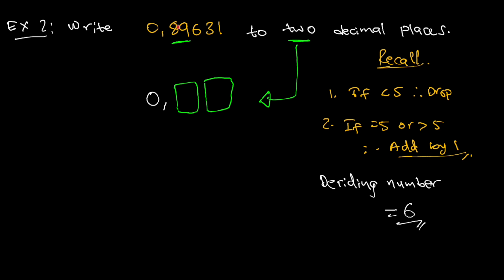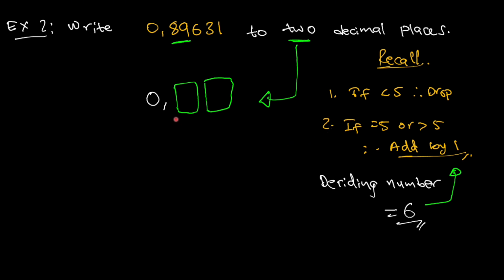If you check, the number that comes after the underlined numbers is number 6, hence why I have my deciding number as number 6. This is the number that I'm going to use to compare against my two conditions, condition number 1 and condition number 2.